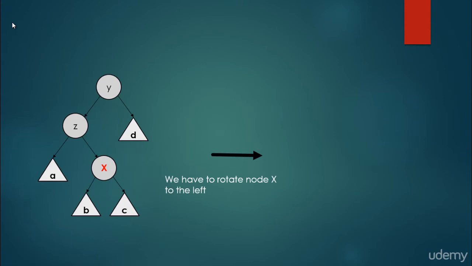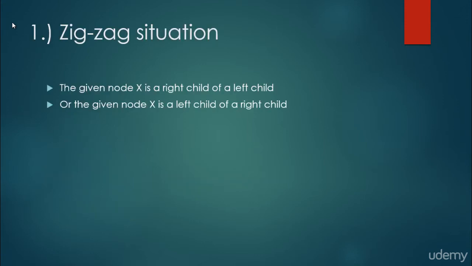So for example, here in this situation, the y is the root node and the z is the left node of the y and the x is the right child of the z. So the x is a left-right. This is the left-right situation.